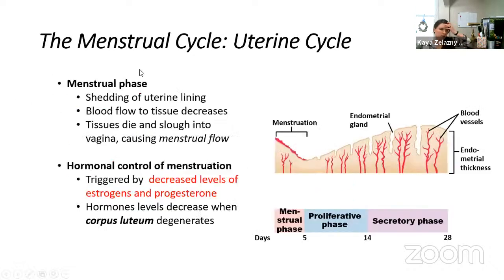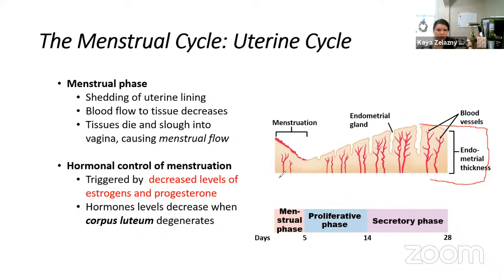So if we look at the uterus, it's made of a couple of different layers. We're zooming in on the inner layer here, called the endometrium. This structure is the endometrium, and it's full of blood vessels and glands.